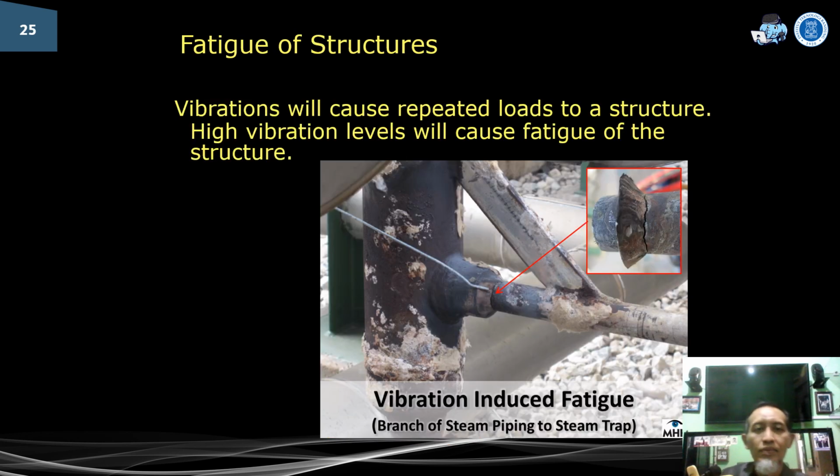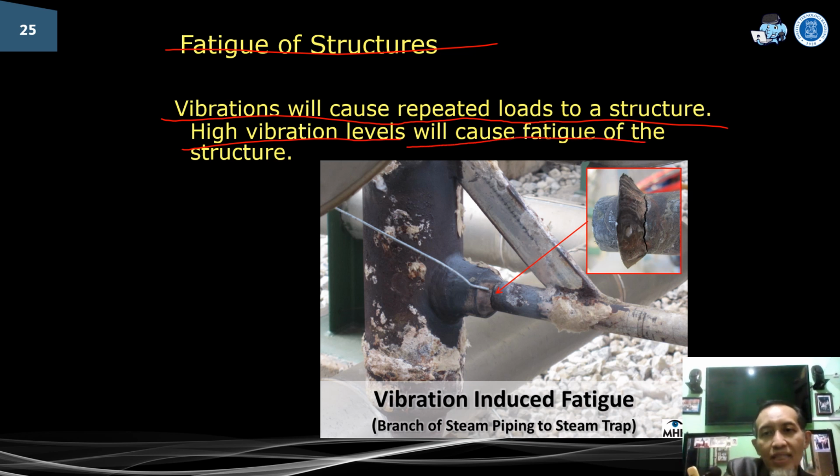Okay, next. Fatigue of structure. Vibration will cause repeated loads on a structure. High vibration level will cause fatigue of the structure. Fatigue is caused by dynamic loads, and vibration is a dynamic load.